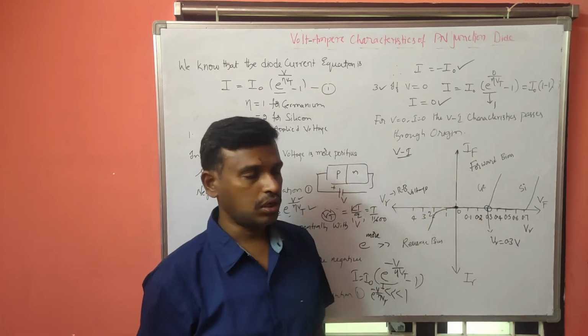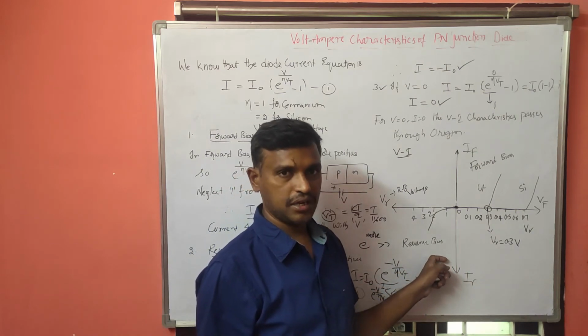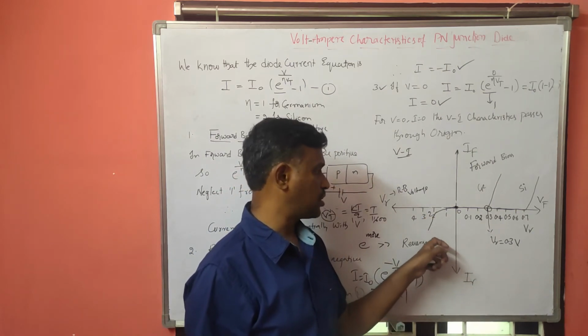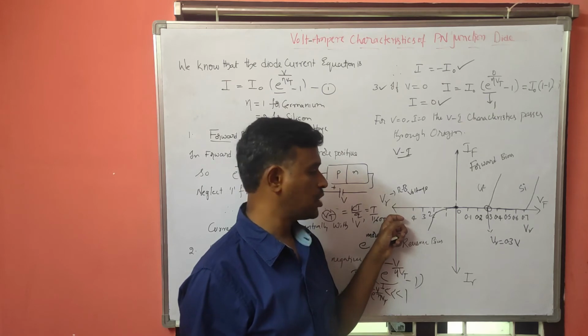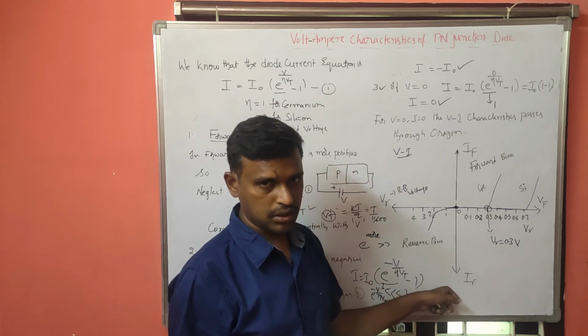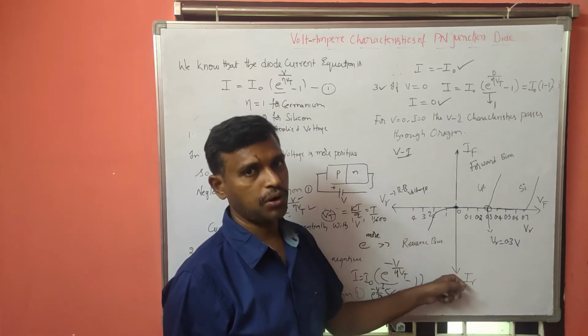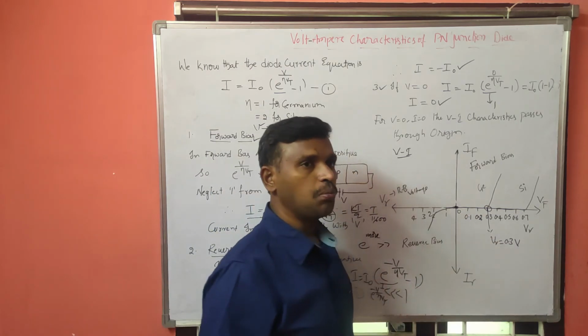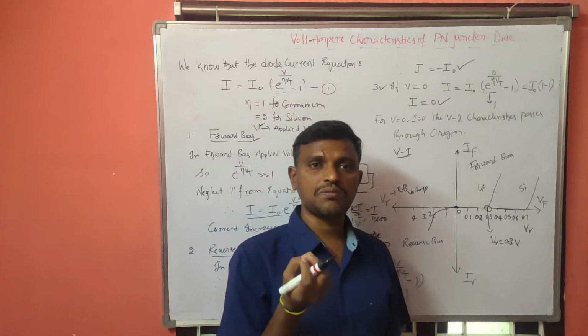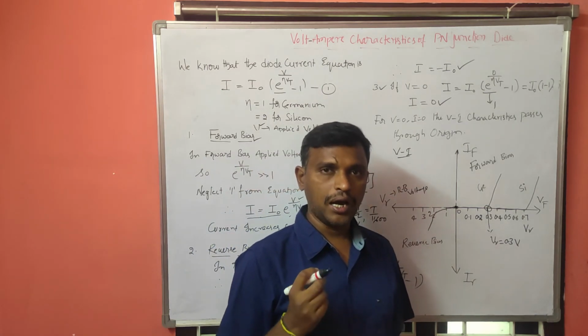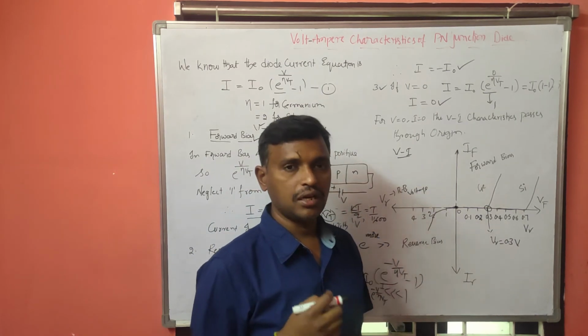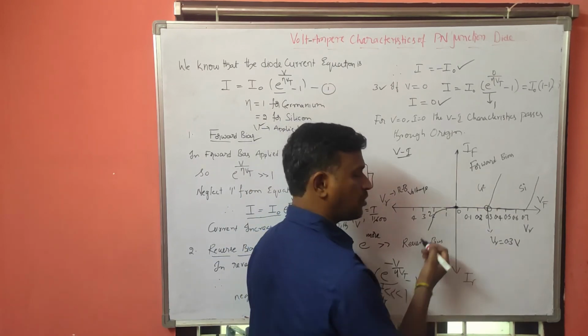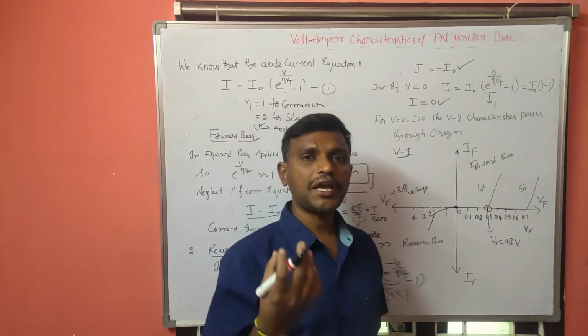After that I am considering the reverse bias condition. In this reverse bias condition, VR is the reverse bias voltage and IR is the corresponding reverse current. As we increase more and more negative voltage, a small amount of current flows, and this small current is the reverse saturation current, which is in microamperes.